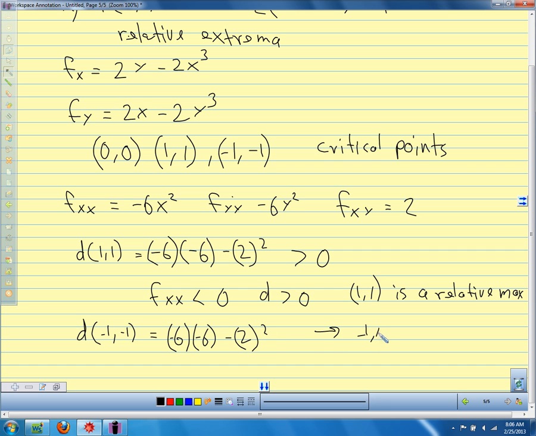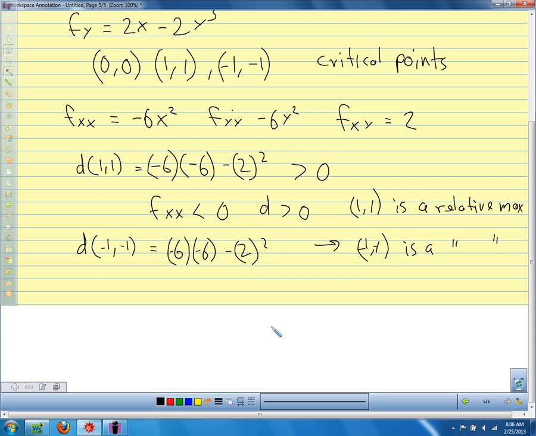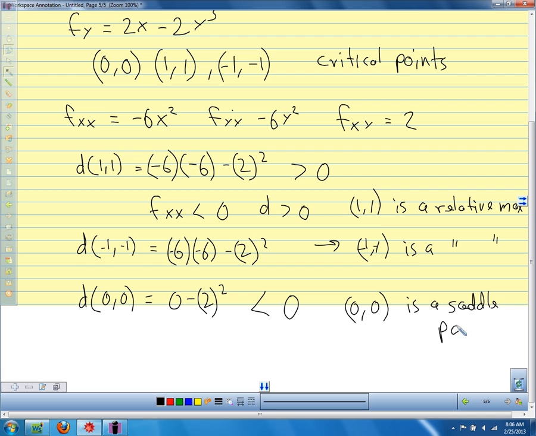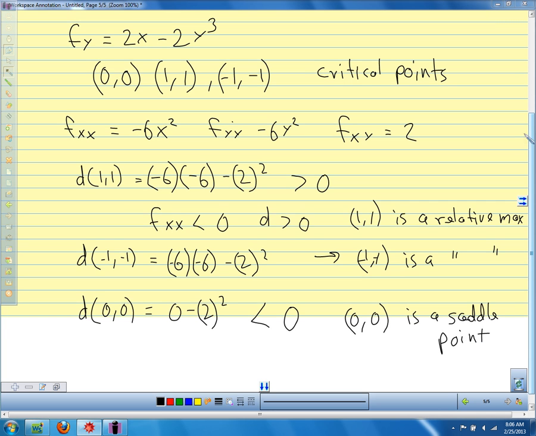So -1, -1 is a relative max as well. And then we're going to run our discriminant at 0, 0. D of 0, 0 is 0 minus 2 squared, which is less than 0. So 0, 0 is going to give us a saddle point. So we have 2 relative maximums and a saddle point.